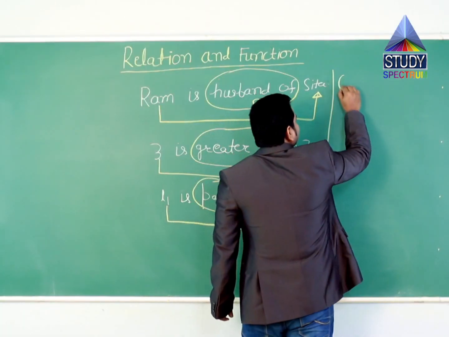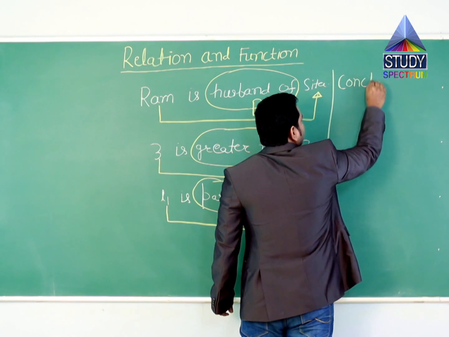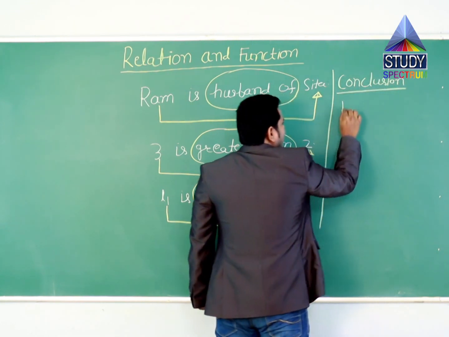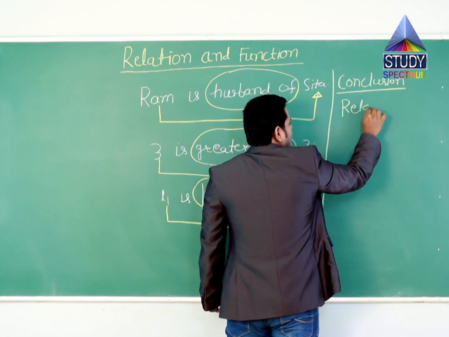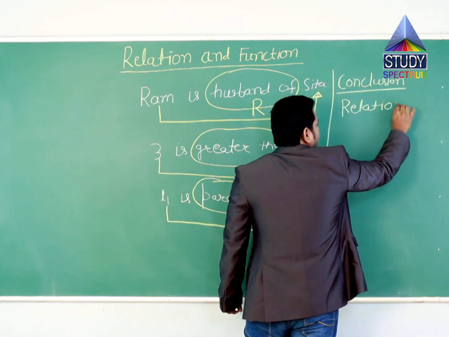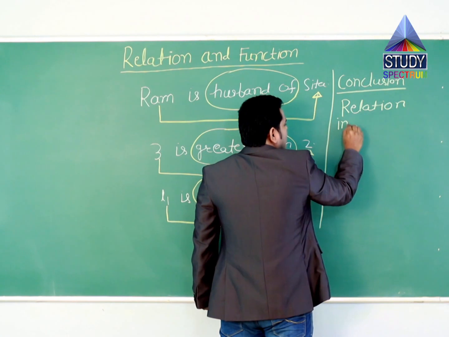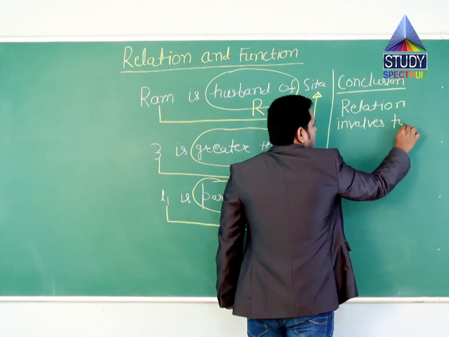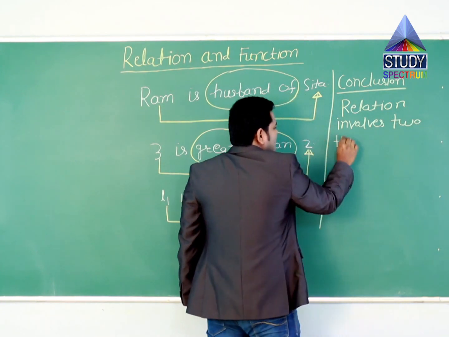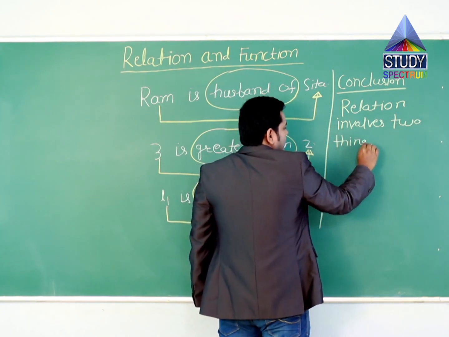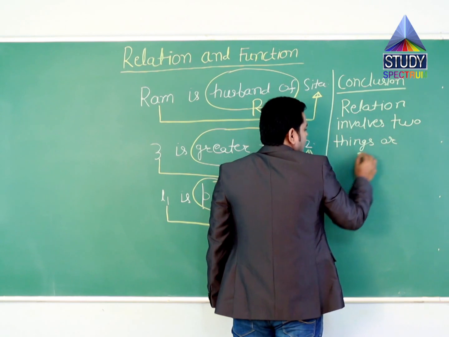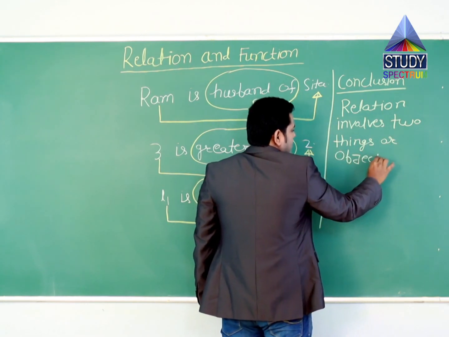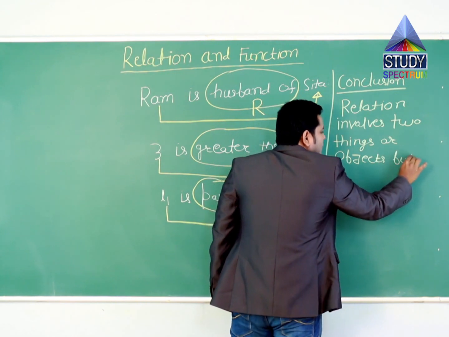So the conclusion is: relation involves two things or objects but in definite order.